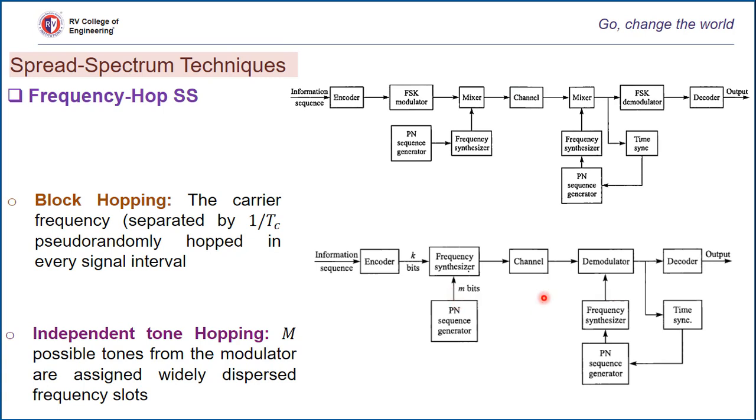Here, the M bits from the PN generator and the K information bits are used to specify which frequency slots are to be used for transmitting the signal, and hence it is called independent tone hopping. These are the two varieties of frequency hop spread spectrum technique which can be implemented.